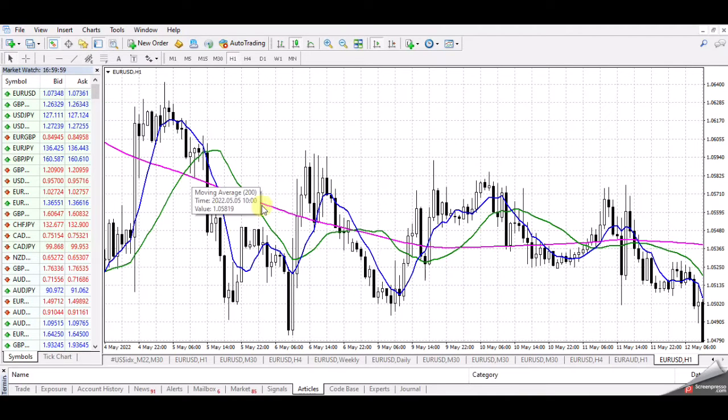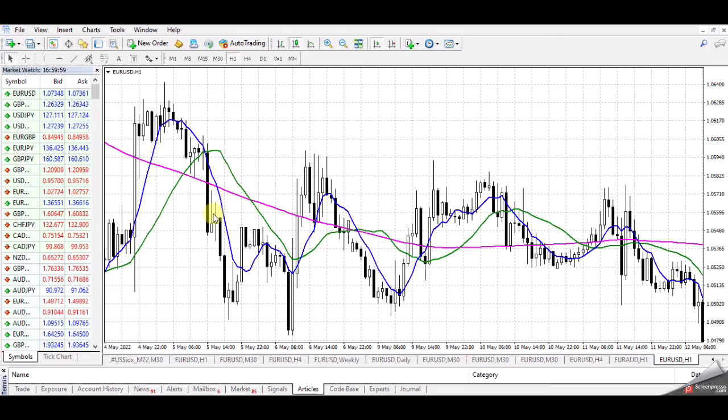Take a look. This is another good example when the market is below the 200 moving average, and the 21 moving average period crosses at the downside, together with the 7-period moving average, the slow moving average 200 period.